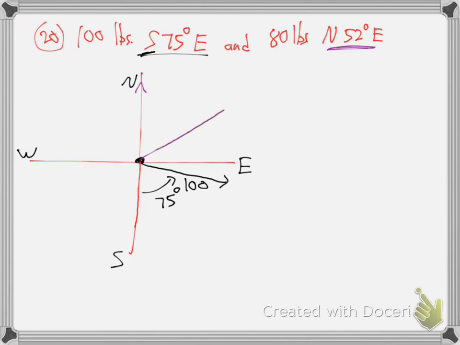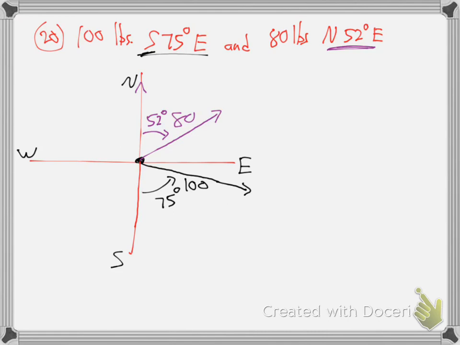So that's just a little past diagonal. And that one's only 80, so that one's actually shorter. This one's 80. The other one's a little longer at 100. There we go. And this angle here is 52 off the north, right? So again, those are the two vectors.